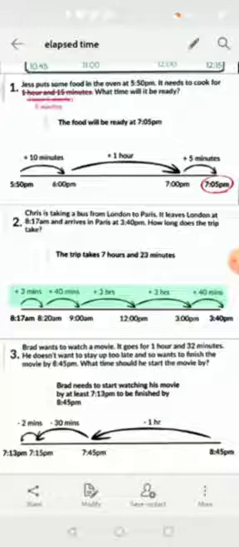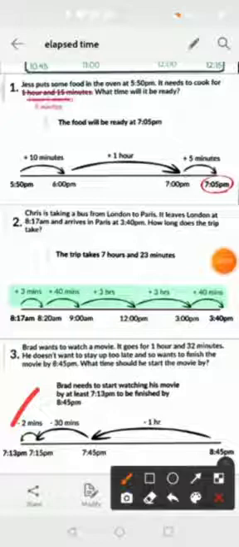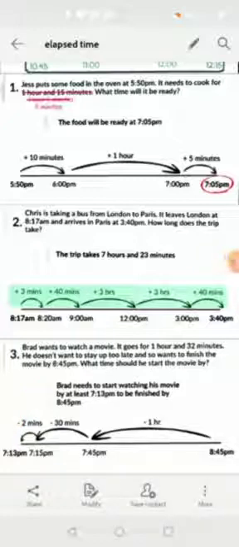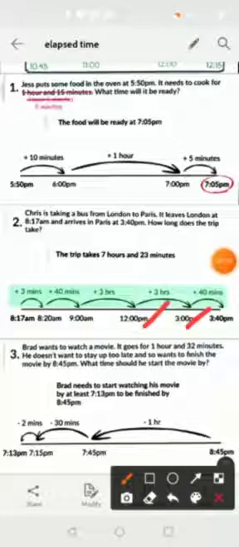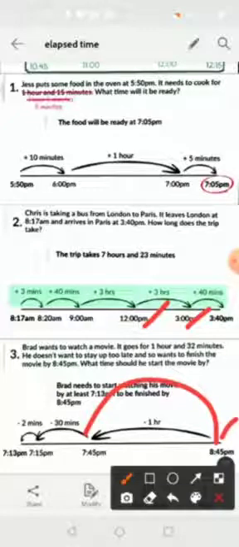In this question we have to calculate the starting time. So how to do this? Let's see. The duration of the movie is 1 hour 32 minutes and the ending time is 8:45. We will move 1 hour backward. Now we have to cover only 32 minutes.